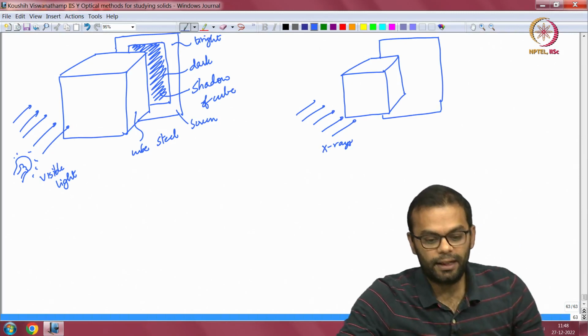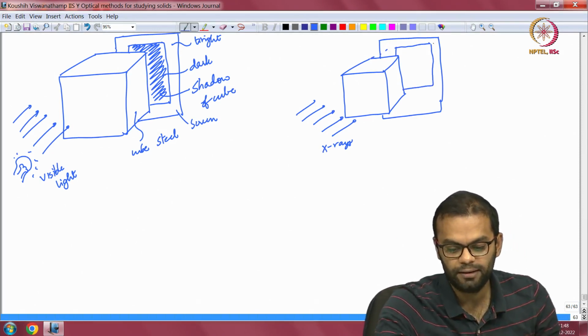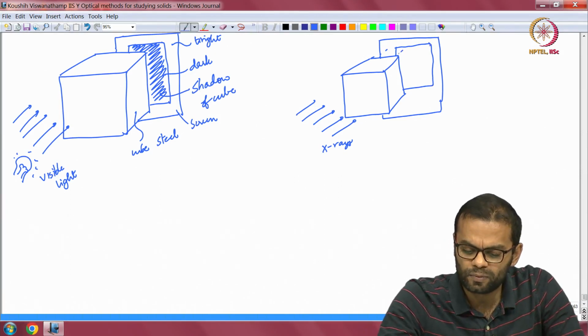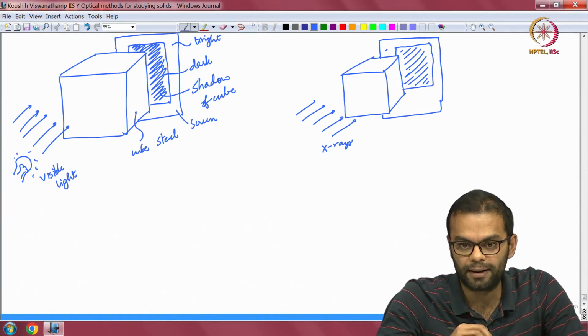And if you do this you will see that the X-rays, because X-rays of a certain frequency for instance get transmitted through metal, you will see something that is reasonably hazy but not quite black.